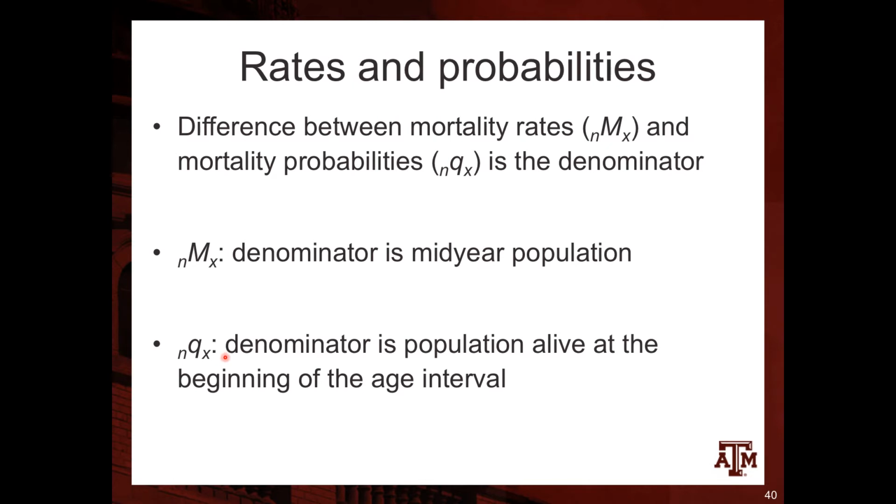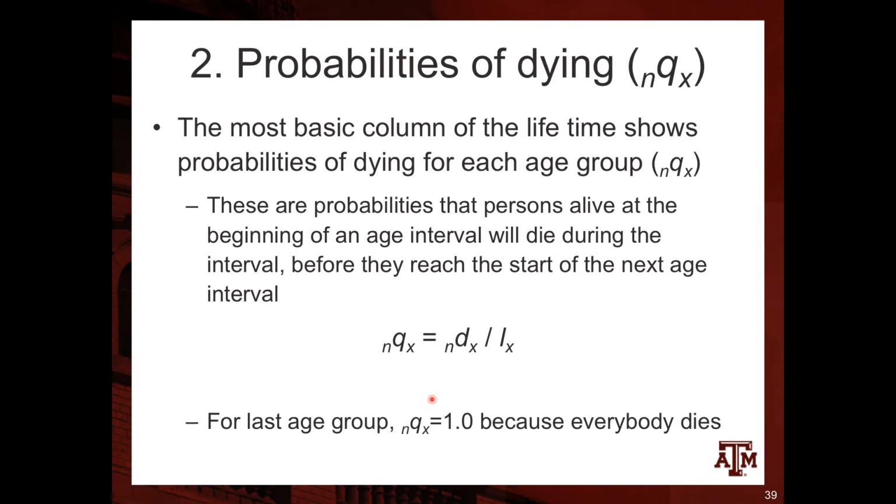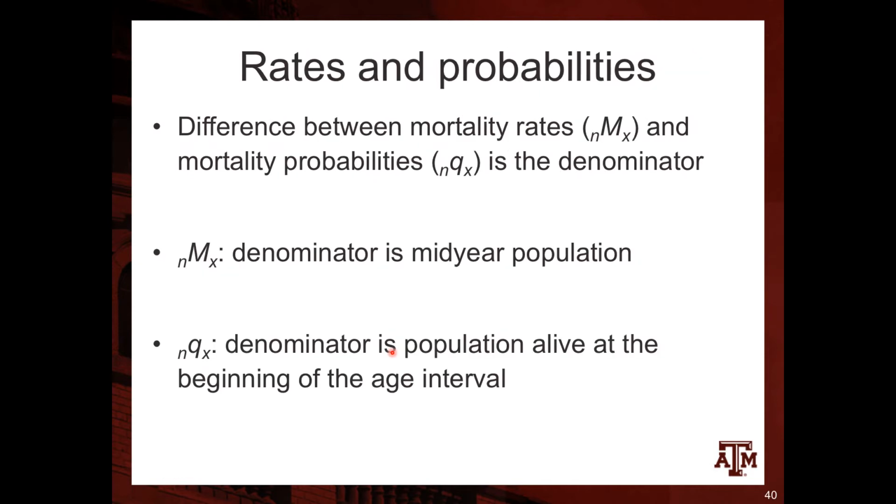For qxn, the denominator is the population alive at the beginning of the age interval. If we go back to the previous slide, this is the population alive at the beginning of the age group. So that's the little lx. That's the denominator of the formula for the mortality probabilities.